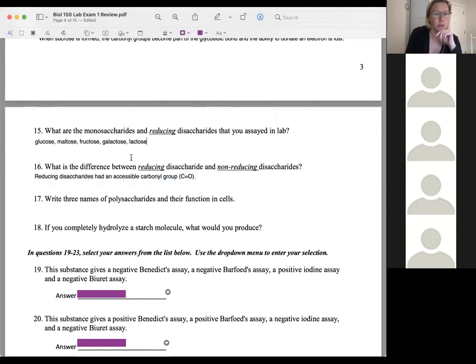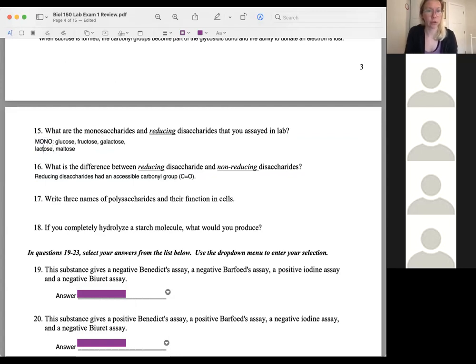So these were our monosaccharides: glucose, fructose, galactose.